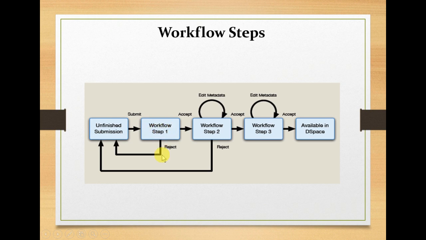But if it is selected, meaning everything is okay, then it goes to step 2, and here whoever is taking responsibility for the metadata part will check, and if everything is okay, it will go to the next level, else it will be rejected and again go to the unfinished submission.